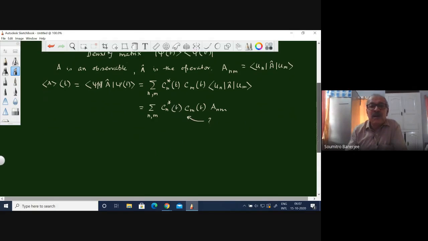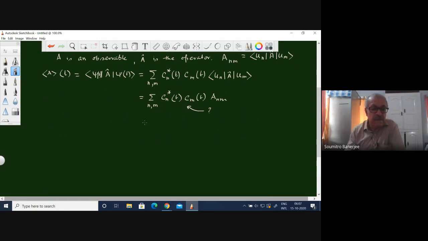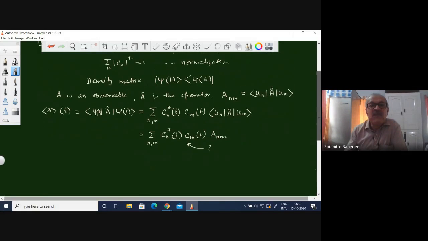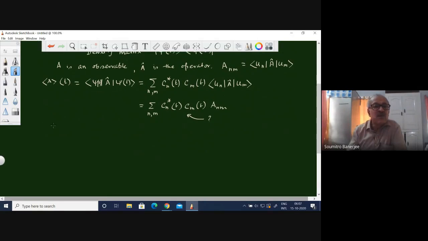Now, we just said that the density matrix is this. So what are the matrix elements of the density matrix?